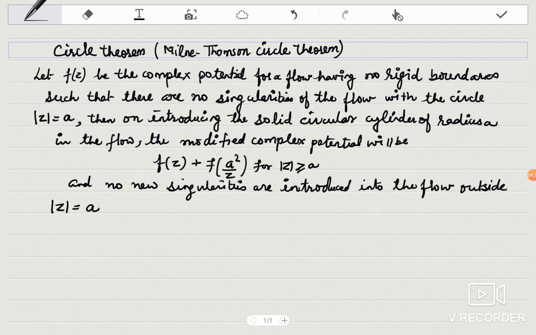Whatever singularities will be introduced will only lie within or on the circle. So this is the circle theorem.